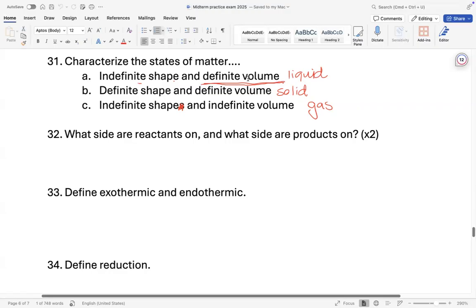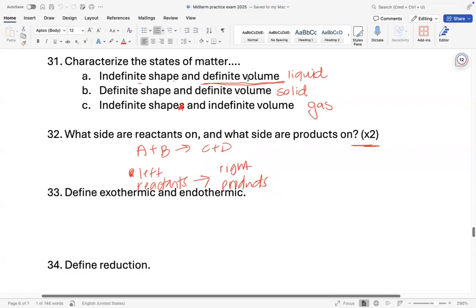All right, 32. There are two questions I have to deal with here, even though it seems really simple. In a chemical equation, say we have A plus B yields C plus D, what's on the left is the reactants, all right? Then you have the reaction yield arrow, and what's on the right is the products, all right?